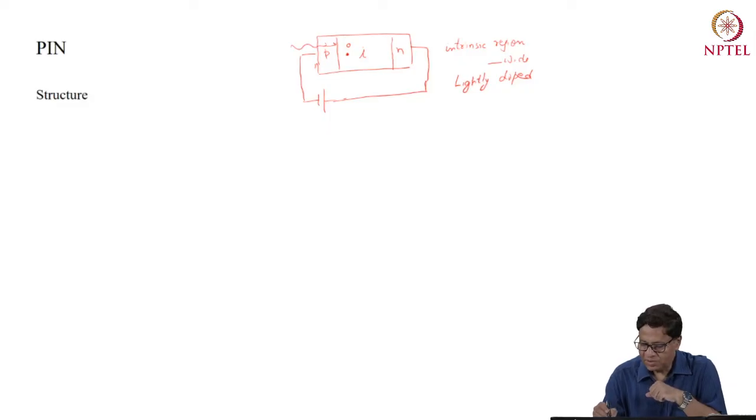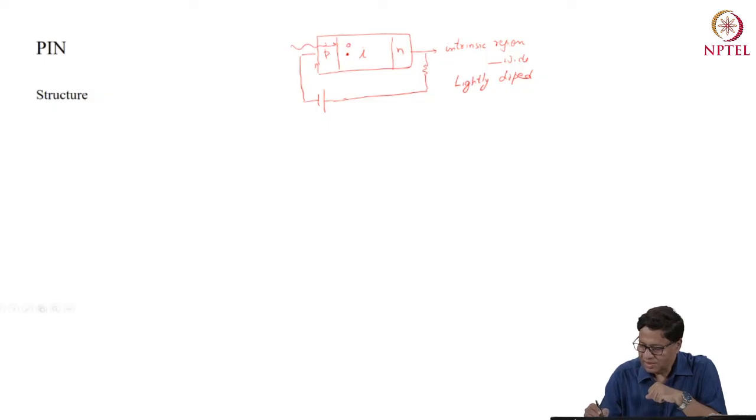Because the voltage is across the I region, they are drifted away, and in fact I should change the diagram a little to include a resistor. So this is the output and this is the resistor.